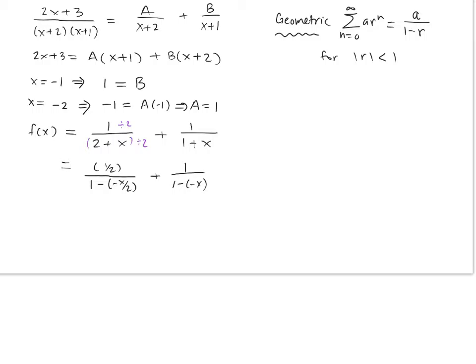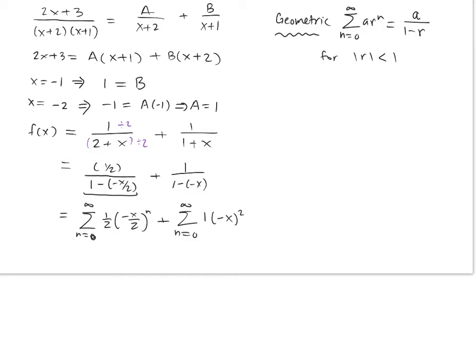Okay, so for the first one, what's that become? So it's the sum, n equals 0 to infinity. What's the a? 1 over 2. And what's the r? Negative x over 2, to the n, right? And the second one, what's the a? 1. And the r is just -x, right?